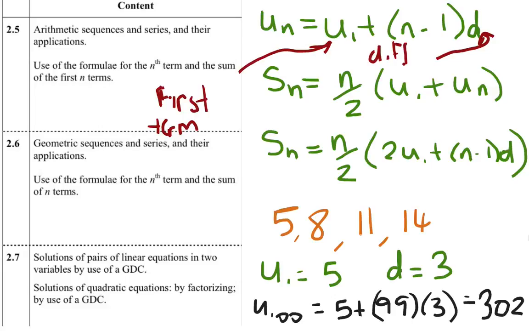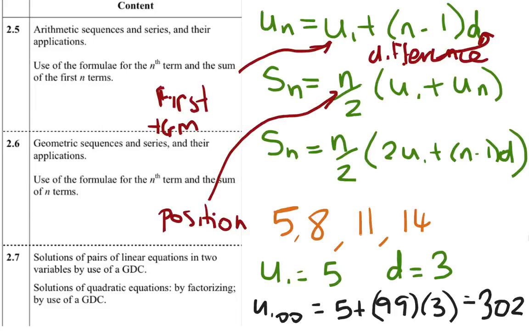What's N? That's a weird one. It's the number of the term. I use the word position: the position of the term that you're looking for or that you're interested in. And so what's UN? It's the actual number, the nth term. So it would be U100 in this case.